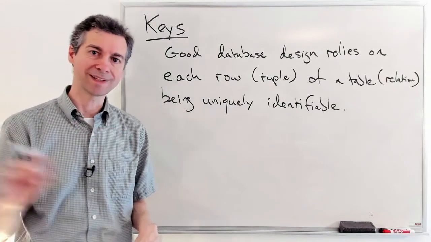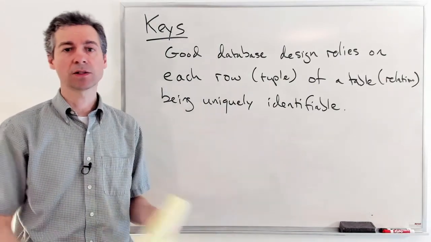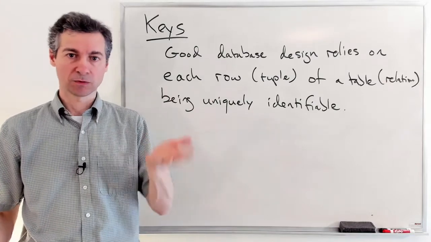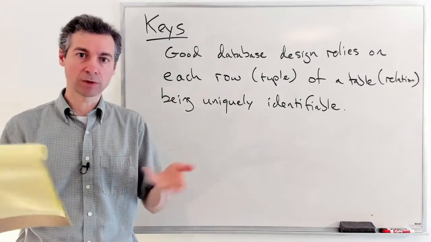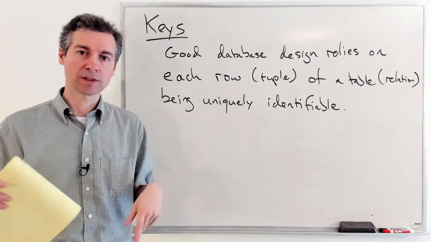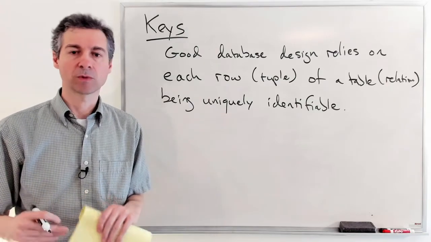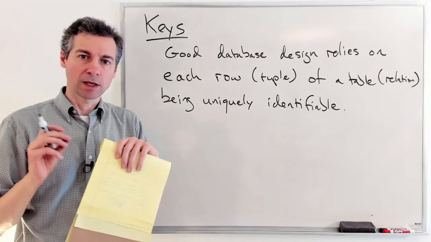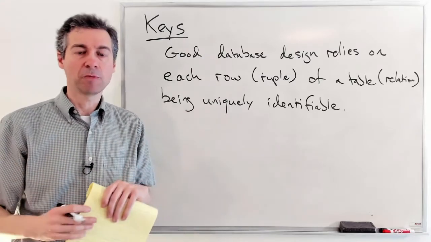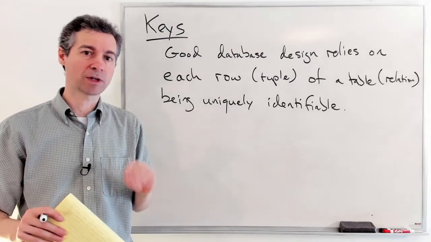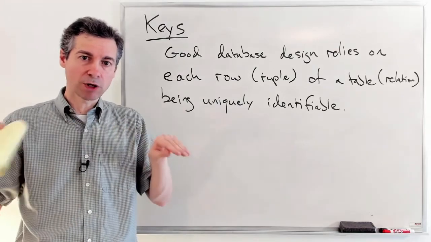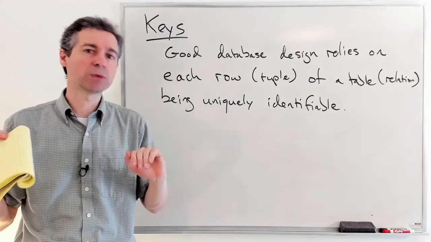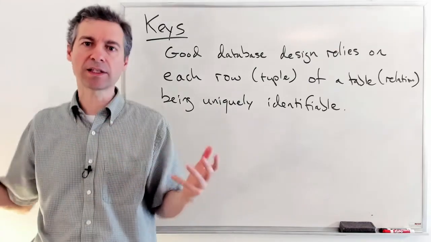Okay, so all of those rows, we need a way for every single one of them to have a unique identity. This is so that we can retrieve specific rows of data from the database system. We don't always want all of the data, but we want to be able to obtain a subset of it. But in particular, we usually want to be able to talk about this row often maps to, in the real world, some specific sort of entity.